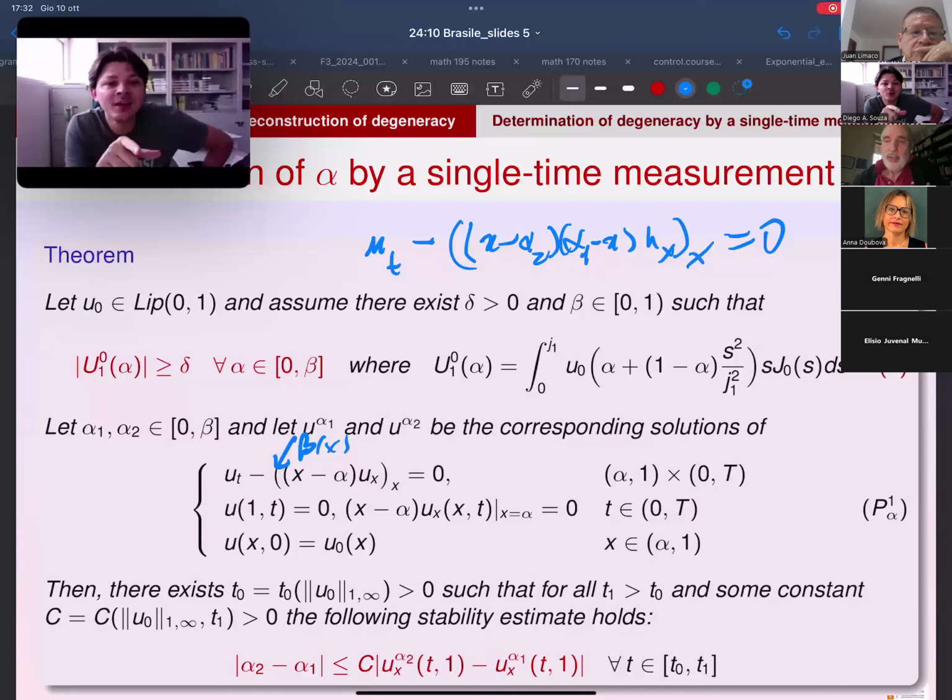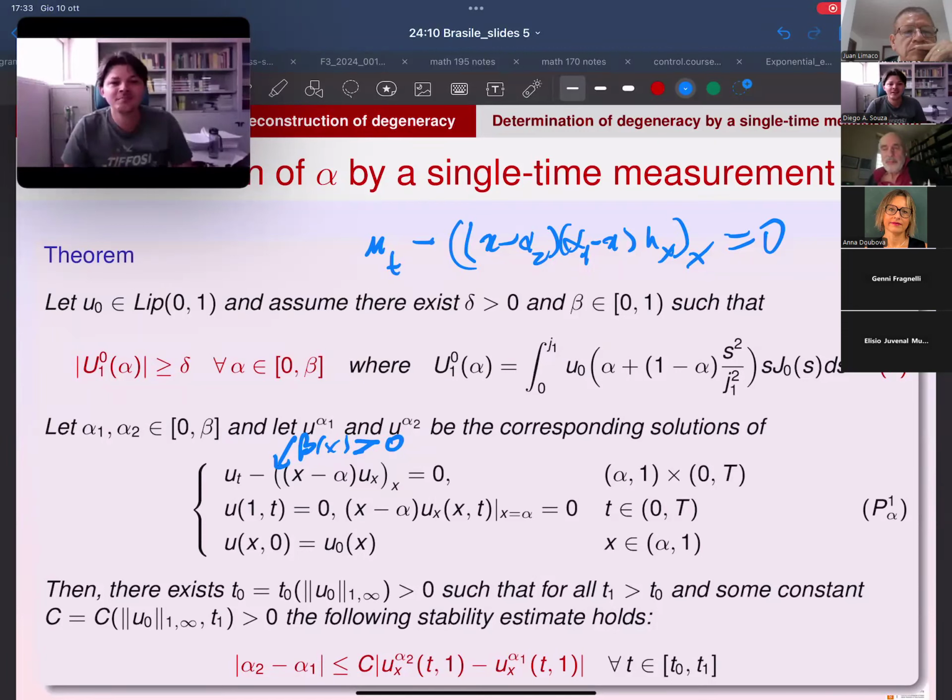But in order to study this, you should be able to study it with beta uniformly positive. Because it depends on alpha 2... Yeah, but when you are on one side, beta here will depend on alpha 1, will be alpha 1 minus x. But when you are in the interval alpha 2, alpha 1, this is a prescribed sign, right?